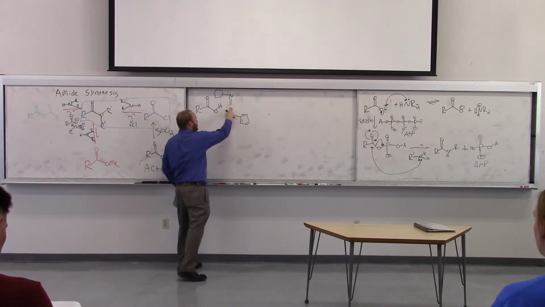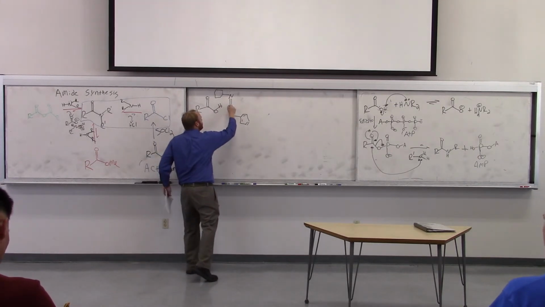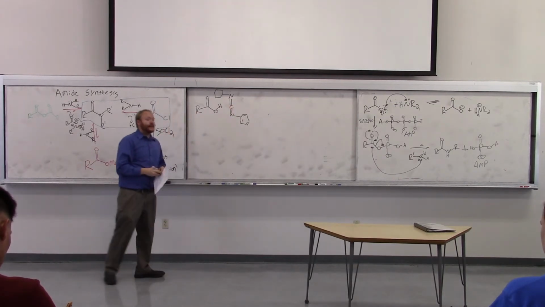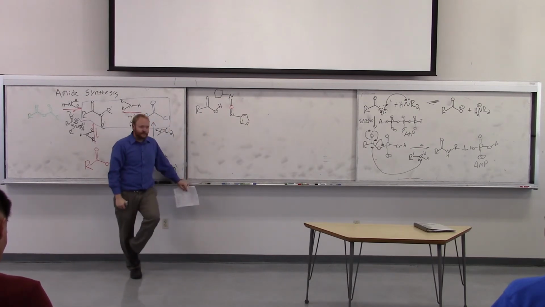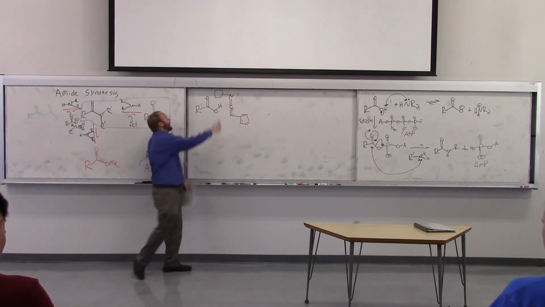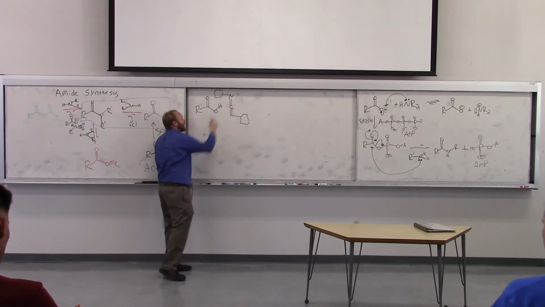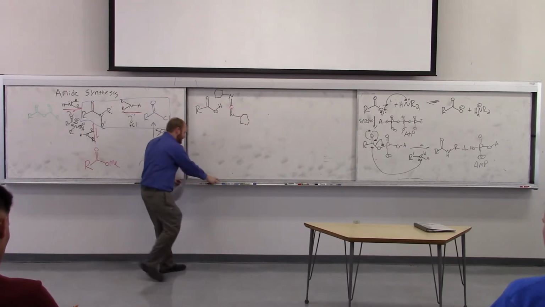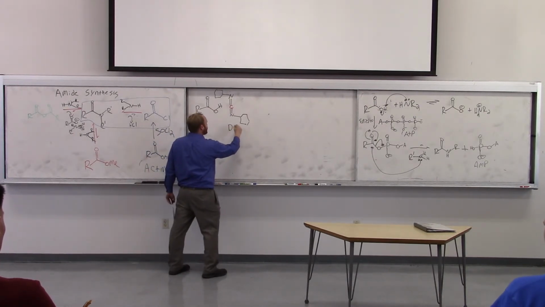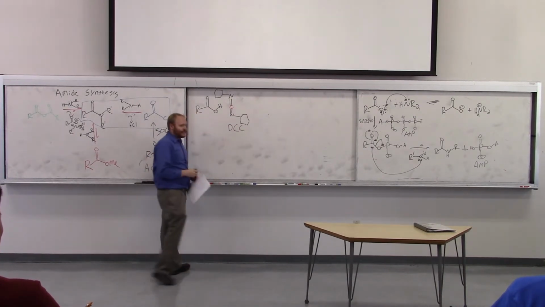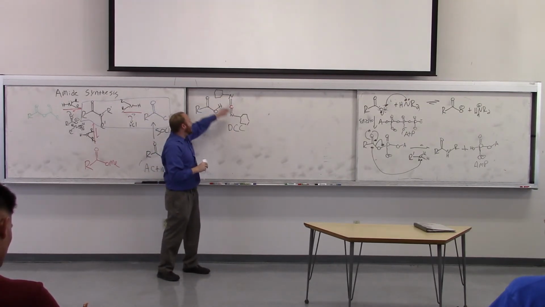Let me draw the carbon in a different color. So it's an sp carbon with two double bonds to a nitrogen. And then we have varying substitutions of the carbodiimide.